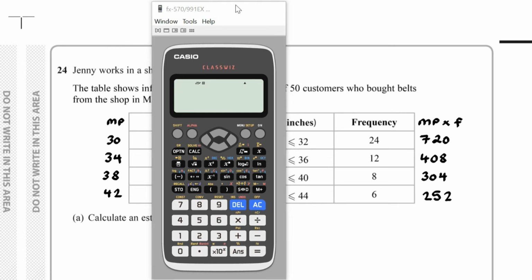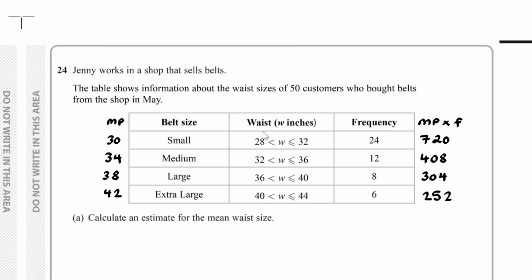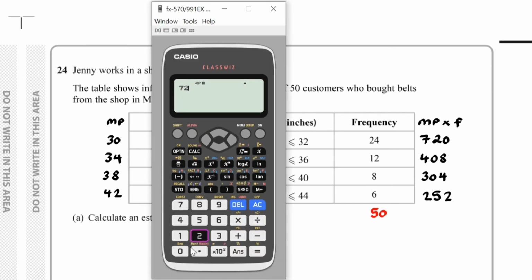Now, if I add together all the frequencies, I would get 50. And if I add together all of this, well, 720 plus 408 plus 304 plus 252, I would get 1684.